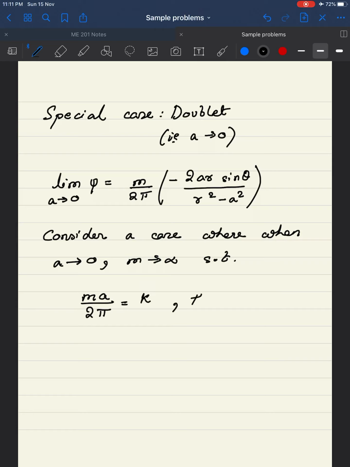Then your psi approaches k times 2 sine theta by r. So this becomes a doublet.